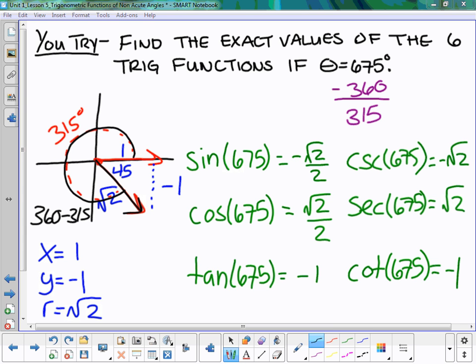And then in quadrant 4, I subtract the angle that I started with from 360, and that gives me an angle of 45. So 45 degrees is my reference angle. Any other questions?